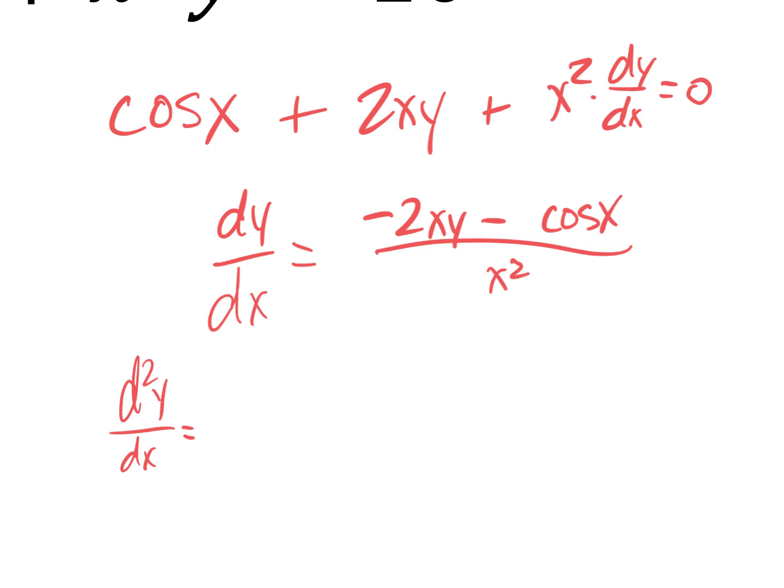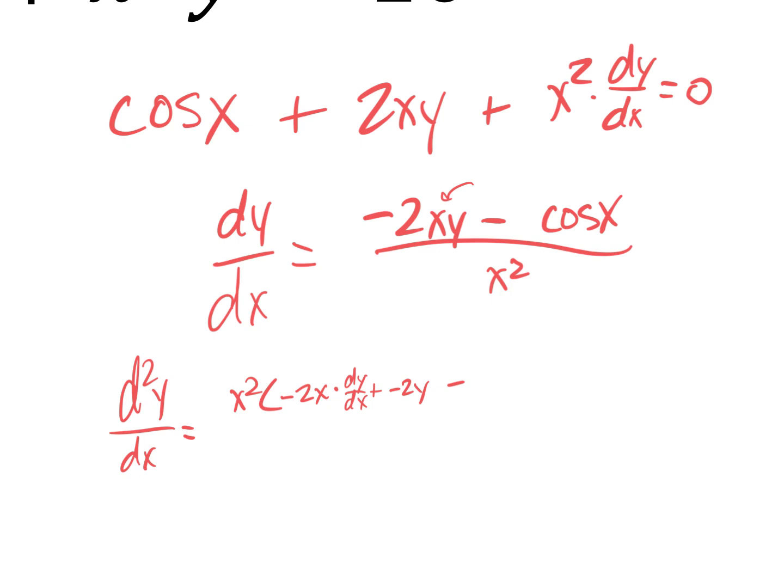So dy dx is negative 2xy minus cosine x over x squared. Let's see. The derivative of the top, we would have to use the product rule here, yeah? Because this is a product. So it'd be negative 2x times dy dx plus negative 2y, minus, so that's the derivative of that piece.